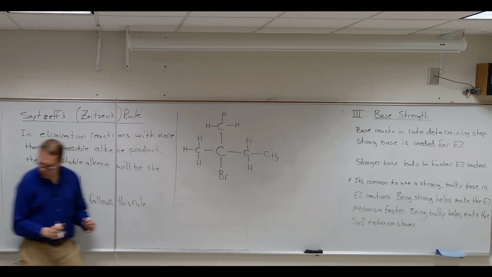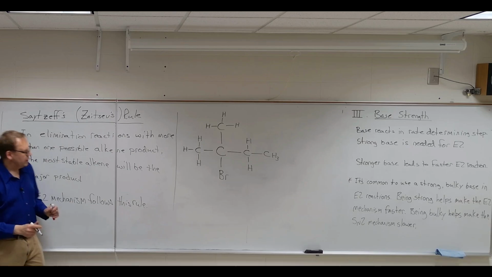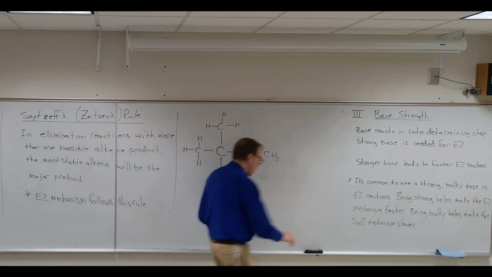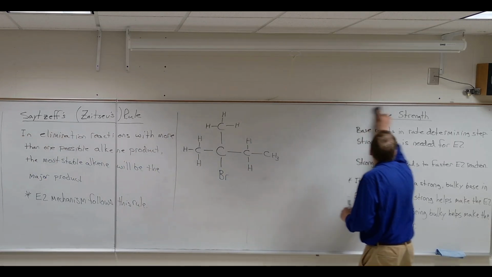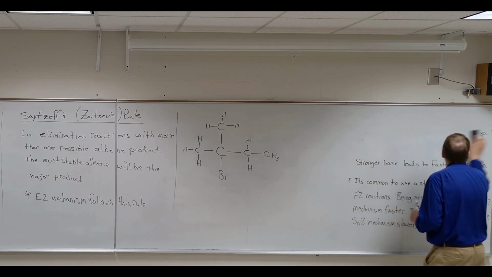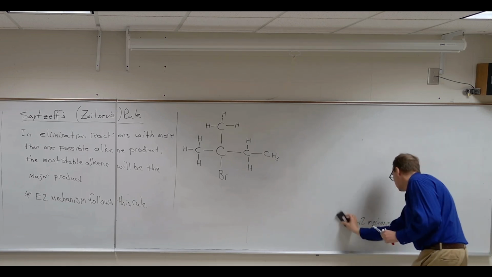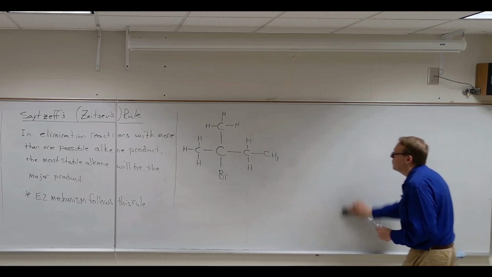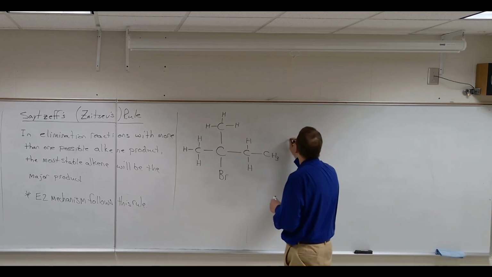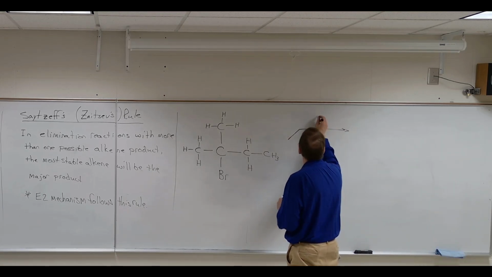Let's suppose this reaction was put in with a strong base, which is going to give us an E2 reaction. For my strong base here, I'm going to use hydroxide, OH minus.